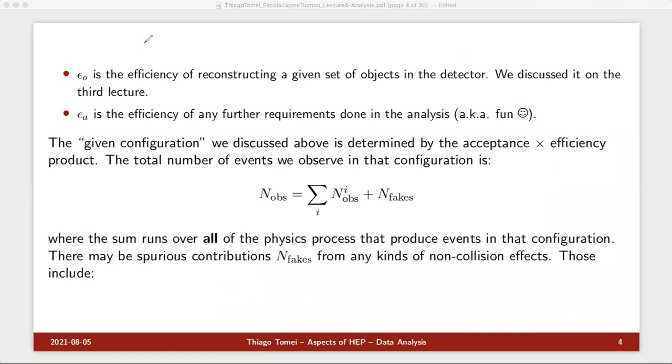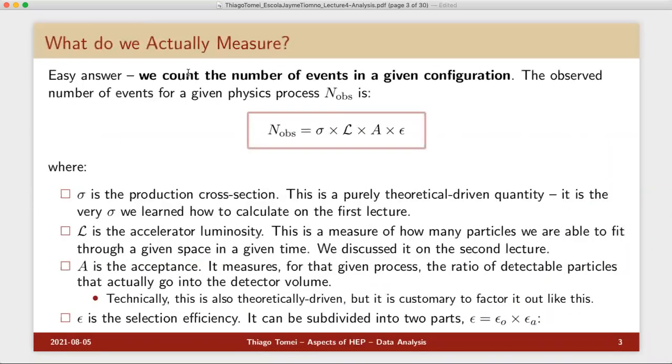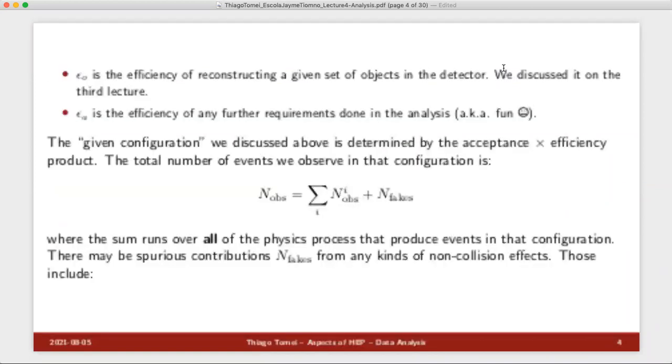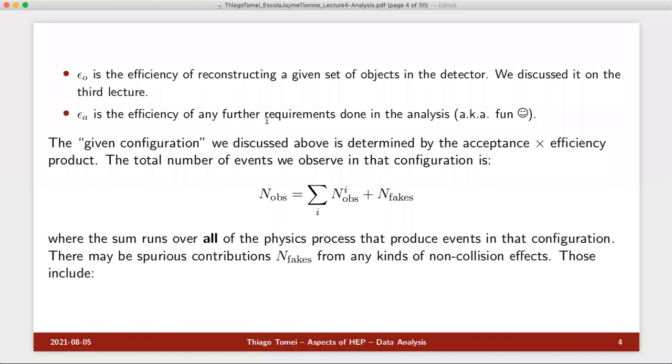Now, when I go back and say we count the number of events in a given configuration, this given configuration is essentially determined by the acceptance times efficiency product. Why is that?